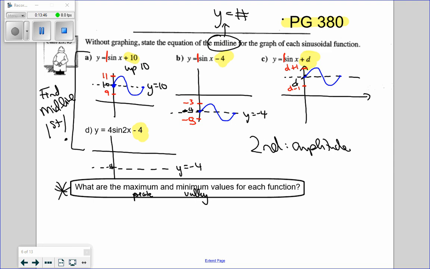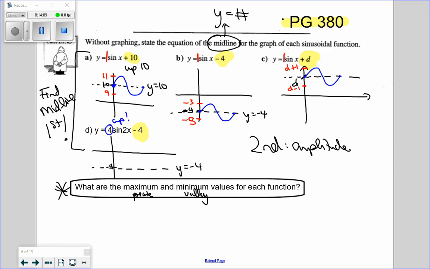Does that make sense? So find your midline, and then go up and down the amplitude amount, and then swoop and draw your little wave in. I know part D is not in your notes, but here, this is your amplitude.